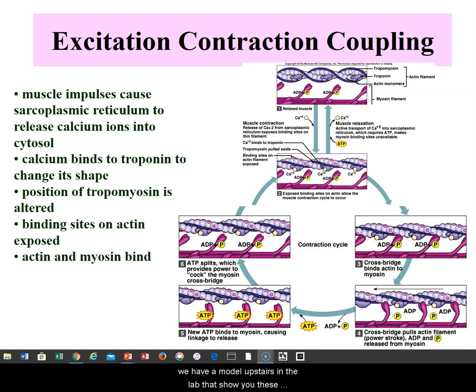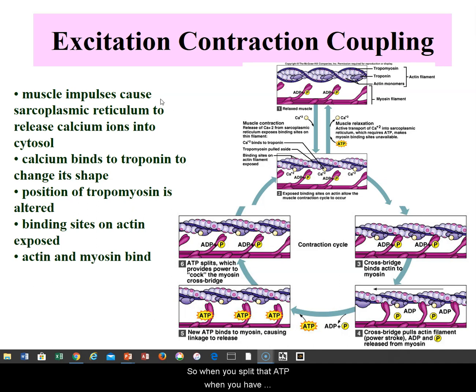We have a model upstairs in the lab that shows you these things. There's the head of the myosin, so the thick protein filament myosin with its head. You'll notice that the heads have attached to them ADP plus a phosphate. Remember that ATP is adenosine triphosphate; this is diphosphate. So we know that ATPs are our currency for energy production.